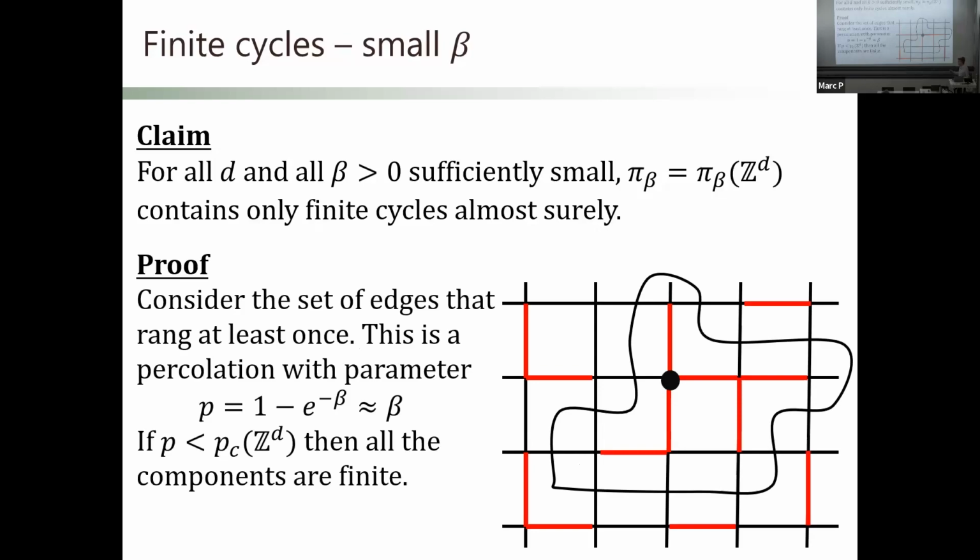And the probability of each is 1 minus e to the minus beta, which is less than or equal to beta. So if beta is small, it's like percolation with a small parameter, so it's subcritical. And therefore, it's known that almost surely all the connected components of red edges will be finite. Any cycle must be a subset of one of these connected components of red edges, because you don't do any transpositions from the component to its complement. So all the cycles must be finite as well in this case.